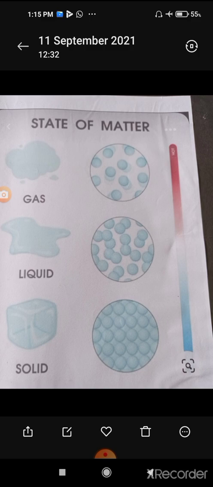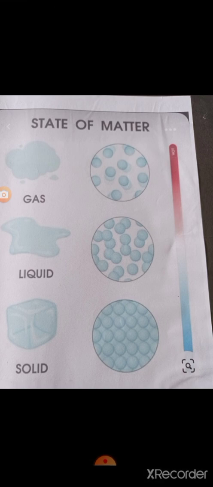Okay, now come to gas. This is the third main state of matter, gas. First we have discussed solid, then we have discussed liquid, and then we are going to discuss the last main state, that is gas.